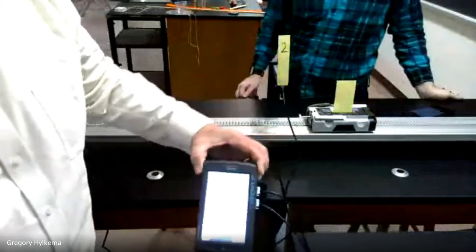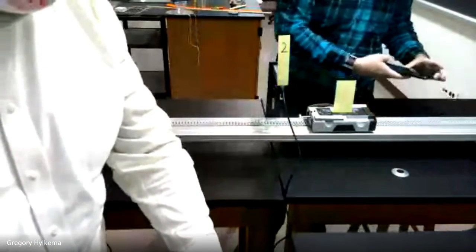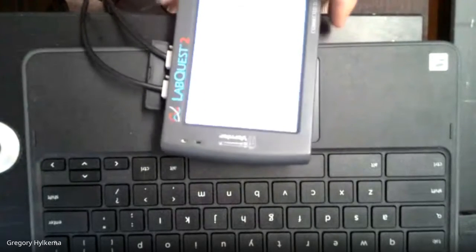So for this one, it's very important to pay attention to which one's gate 1, which one's gate 2. All right, here we go. Let's see if I can show this to you in such a way that you can read it. I think it's going to have to be turned over for sure. This way, you mean?